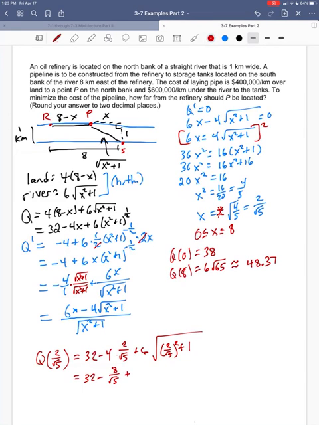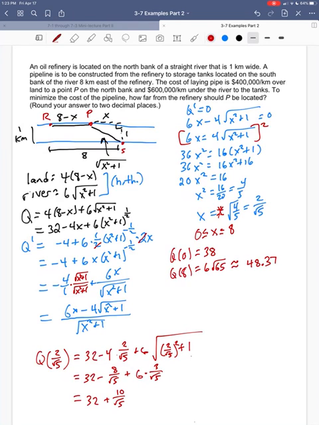I'm going to do this a little quickly. If I square this, I would get 4 over 5 plus 5 over 5 would be 9 over 5. I take the square root, I get that. So this would be 32 plus 10 over the square root of 5.